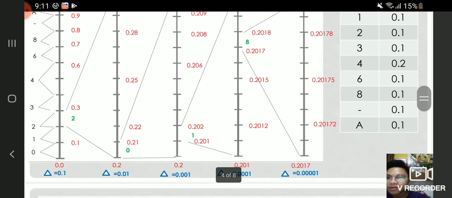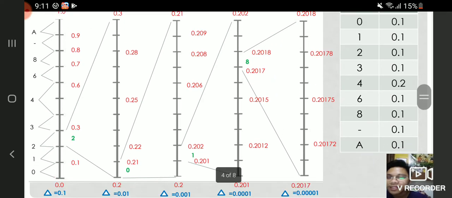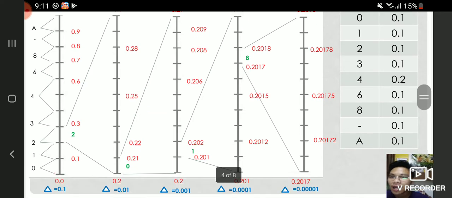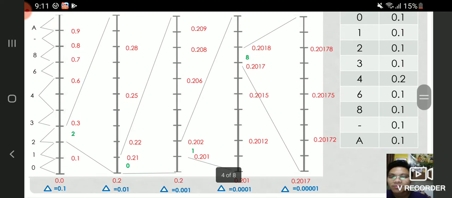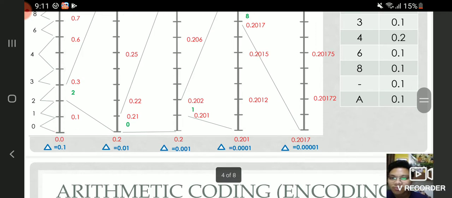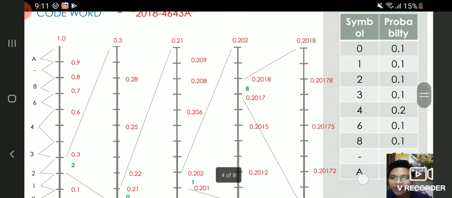Then we should get the probability graph of 1 using the probability graph of 0. Here, the 1 is in between 0.202 and 0.201. Expanding it will become the upper bound and the lower bound. Then we have its step value here, 0.0001.